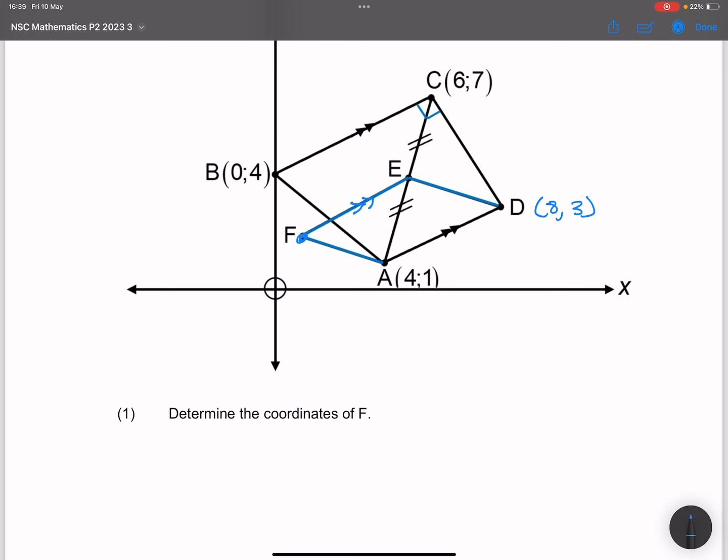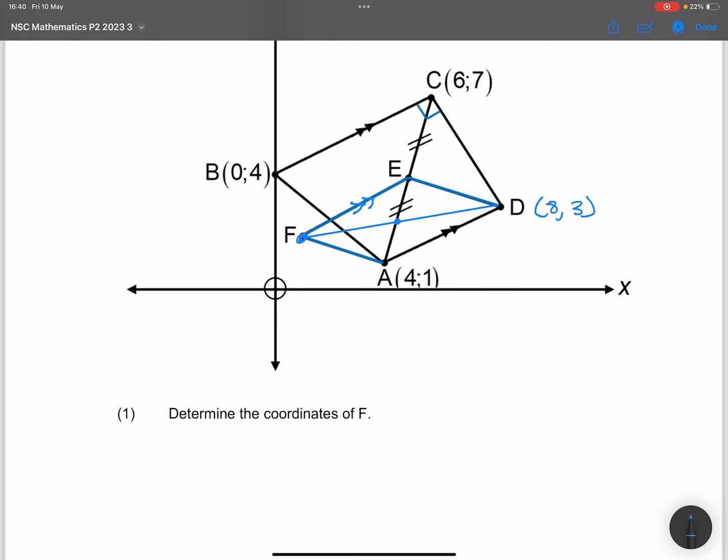Now, ladies and gents, if that is a parallelogram, then it means that EA must be a diagonal of that parallelogram. Now note, if I draw another diagonal there, which is FD, what do we know about the diagonals of a parallelogram?